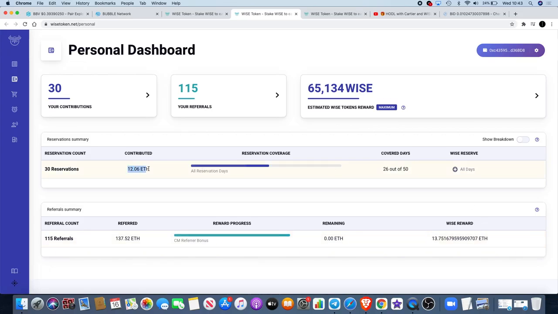So I've already added 12 of my own Ethereum, and Wise owe me 13.75, so just under 14 Ethereum worth as well. So roughly that's 26 Ethereum that I will have in this, and my aim was to put about 30 Ethereum in to start with, and up to 50 Ethereum into the Wise platform. So the reservation pools, that's what I'm trying to do.